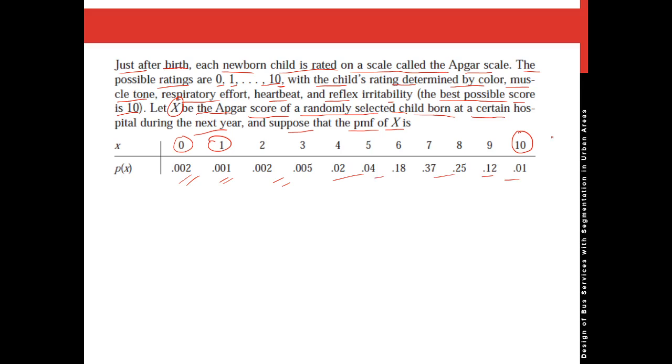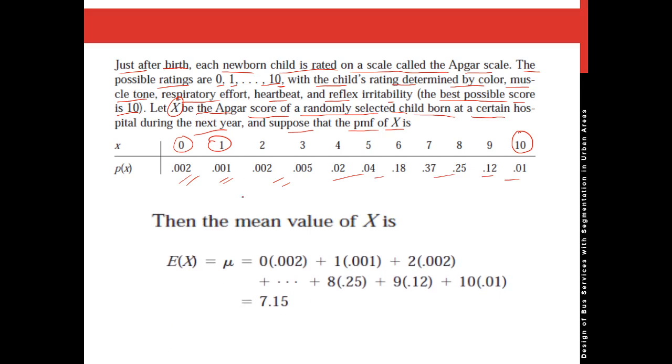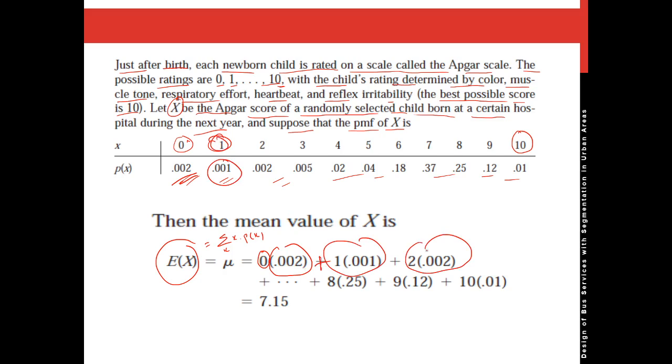Okay. Now we want to find out the expected or mean value of x. So mean value of x is E of x, and I told you that this is equal to mu, which is sigma over x into p of x. So first value is 0, and their corresponding probability is this: 0 into 0.002 plus 1 into 0.001 plus 2 into 0.002, etc. plus 8 into 0.25, 9 into 0.12 and 10 into 0.01.